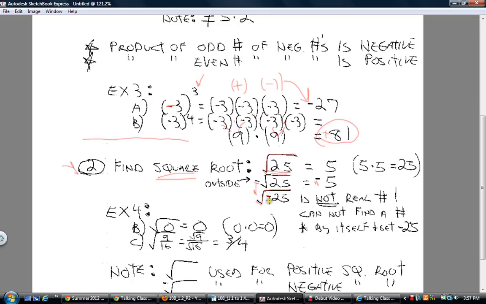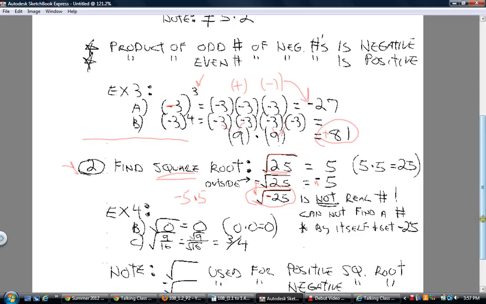The only way to get a negative 25 is to take negative 5 times 5. However, that breaks the whole rule of what the square roots are. So now we come to this realization that there's no real number that can be multiplied by itself and equal negative 25, so therefore it is not a real number. Interesting, when we get to chapter 8 we will deal with that, but we'll save that good stuff for a couple weeks down the road.